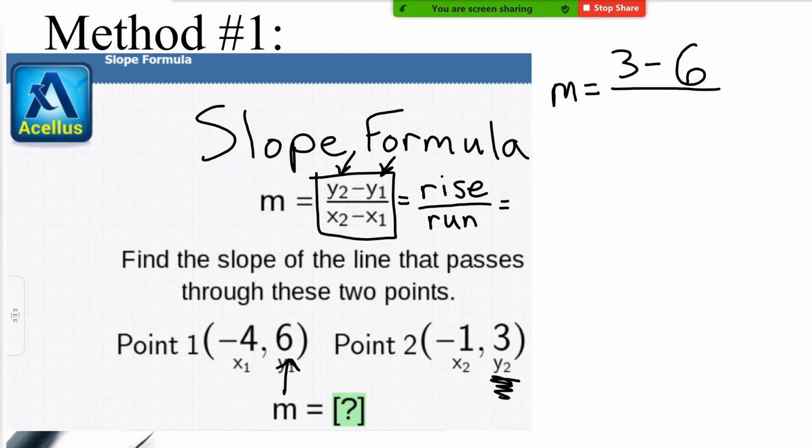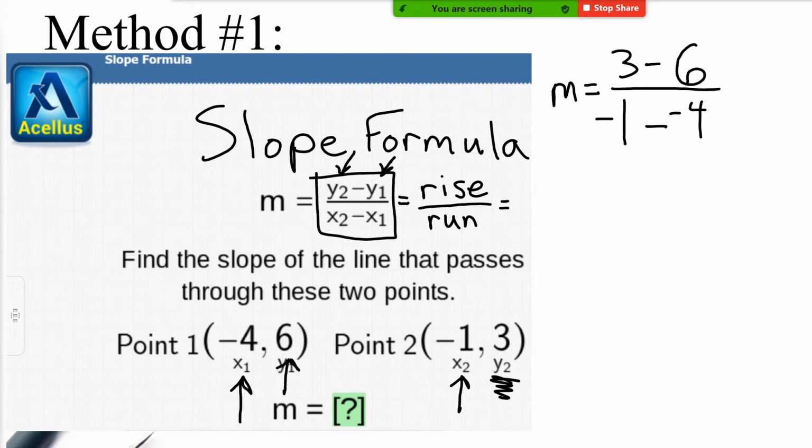Y is a tall letter. It's an up-down thing, okay? And it's rising on top, up on top, up and down. The up and down number goes on top. X, the second x, -1, minus the first x, -4.